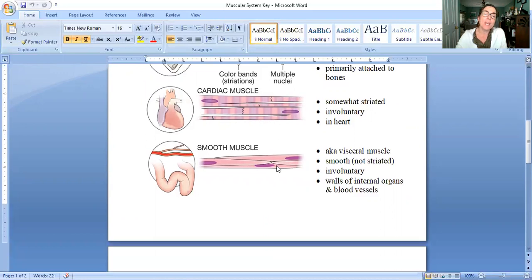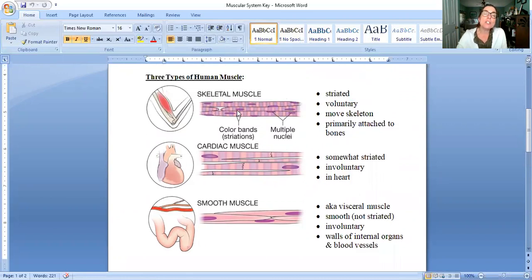And then we have smooth muscle, which is also involuntary, and that's also a good thing because these are the muscles that line the internal walls of our organs and our blood vessels, and we wouldn't want to have to think about controlling consciously the movement of our food through our small intestine, or down our esophagus, or the contraction or dilation of our blood vessels to allow more or less blood to particular areas.